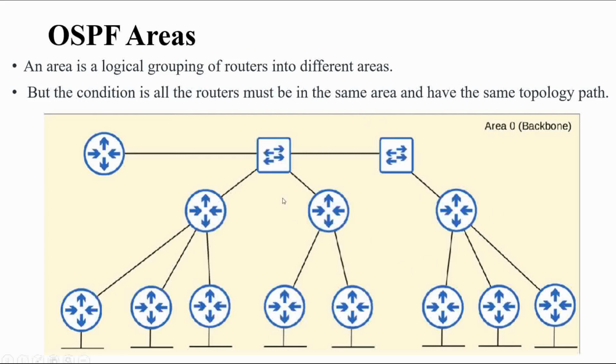For example, this one is Area 1, so these routers must be in the same area. The same thing for this one also, the same thing for this one also, and the same thing for this part also.